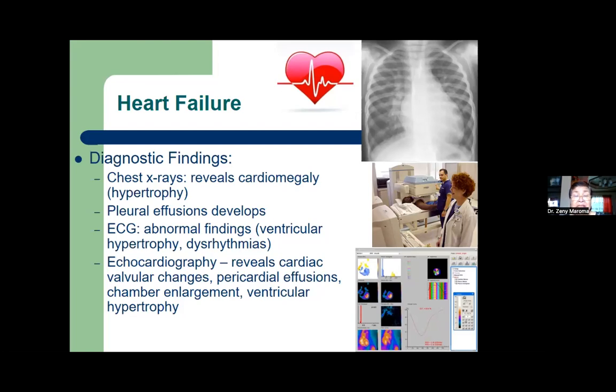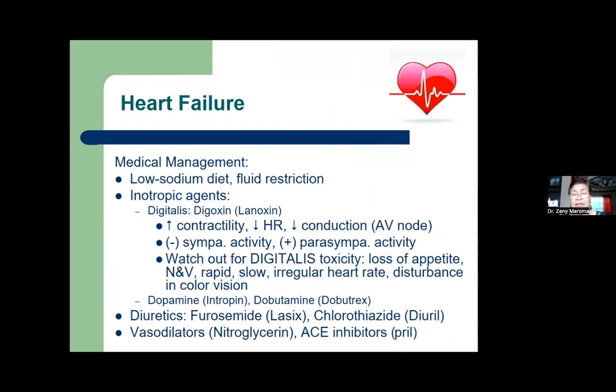ECG reveals abnormal findings because of ventricular hypertrophy as well as dysrhythmias. The echocardiogram reveals cardiac valvular changes. Makikita na may valvular stenosis, valvular regurgitation, as well as pericardial effusion. So there's chamber enlargement, meaning there's dilation and ventricular hypertrophy. Yan ang makikita mo sa pasyente na may heart failure.